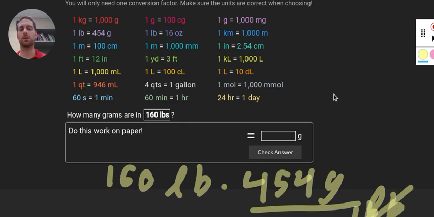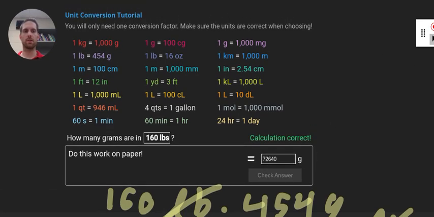So that's going to cancel, and we're going to get 160 times 454. So 72,640. All right.